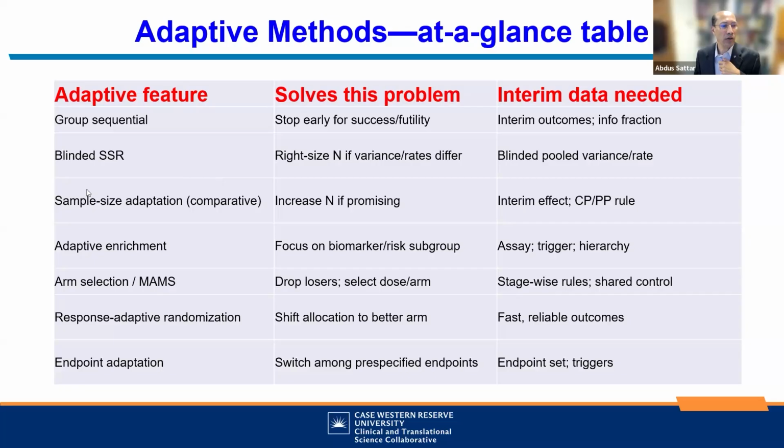This covers what I talked about previously: sample size adaptation and adaptive enrichment, the types of issues that can be solved based on the interim data.